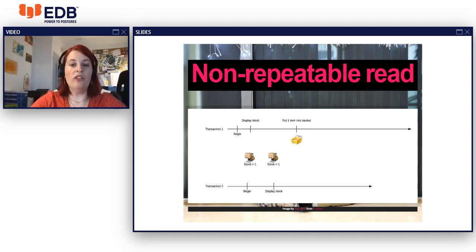But just before, another transaction came because another customer is interested in your book, and he finds out that there's also a stock of one because it hasn't changed. So then the second customer says, okay, I will put that item in my basket.